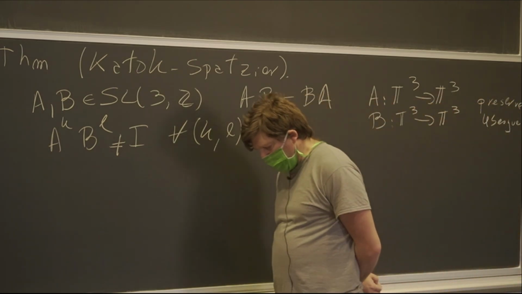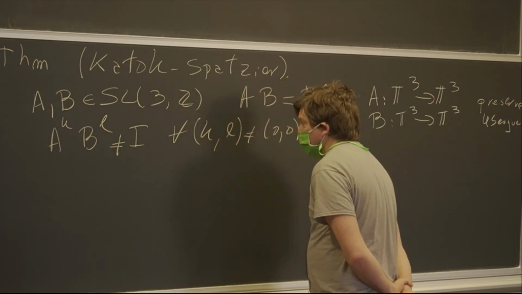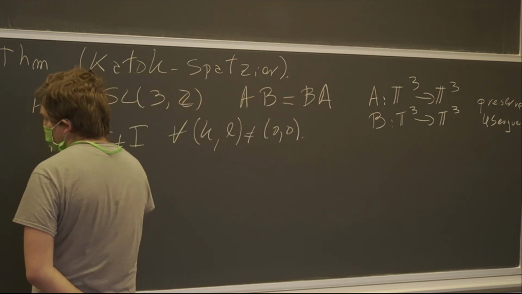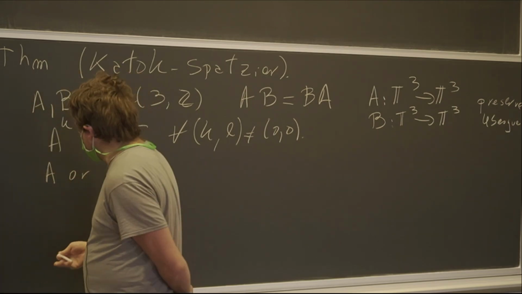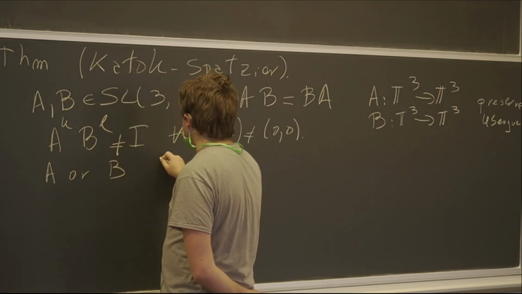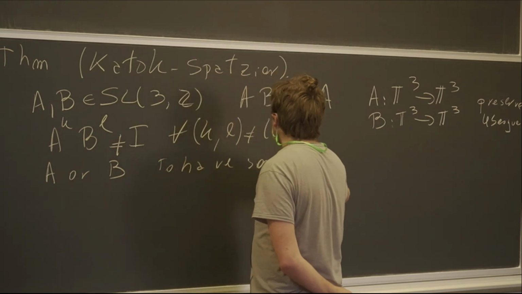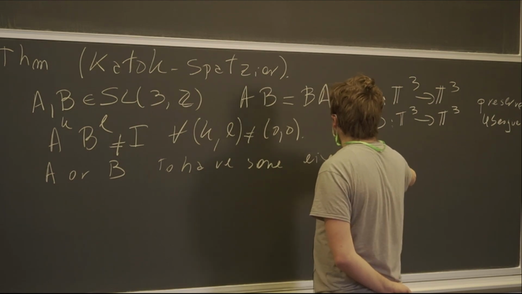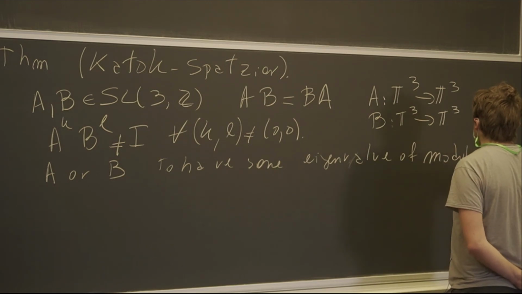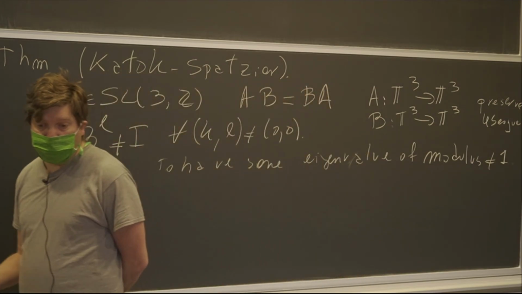Yeah, I do need something else actually, because they will commute. So I want also A or B, in the theorem this will be automatic, but just to make clear what's the setting, to have some eigenvalue of modulus different from 1. Okay, I don't want all the eigenvalues to have modulus 1.